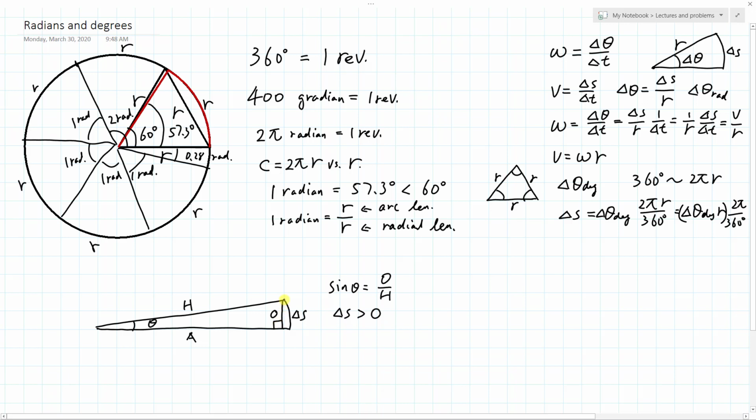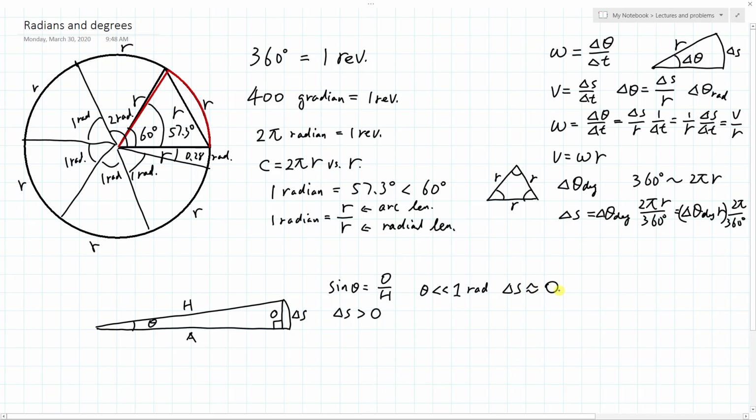But if you imagine closing down the angle to a much smaller amount, then delta s is very close to the opposite. So if we imagine that this angle is much less than 1 radian, then delta s is approximately equal to the opposite.